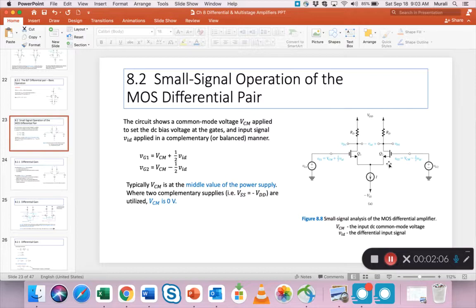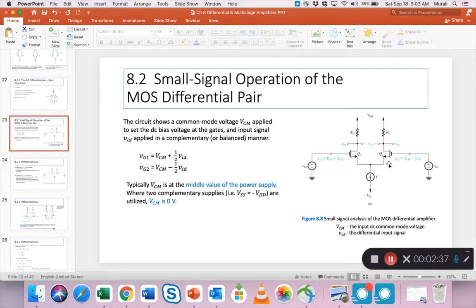Also, one of the big reasons why we use the differential connection is to reject common mode signals. If you have a small signal that needs to be amplified, but that small signal is riding on some high value voltages, then you don't want that high value voltage to be amplified, right?